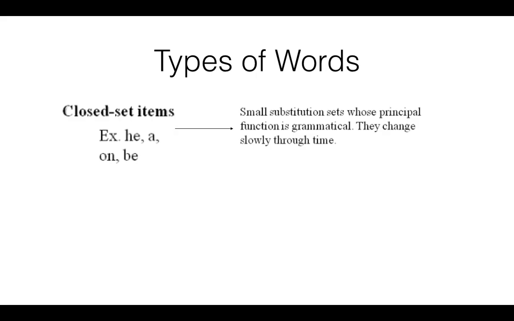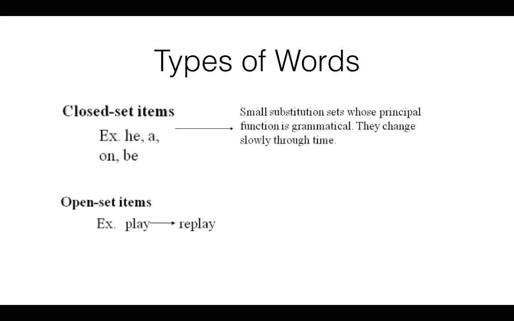It's similar to the invariable words. So I told you that there are different ways of categorizing words in morphology. We have seen the first way, which is variable and invariable. Another way is to have them as closed sets: small substitution sets whose principal function is grammatical, like he, a, on, be. All those grammatical words, you can have prepositions, articles, etc.